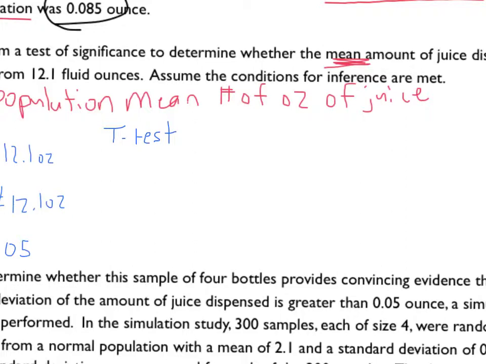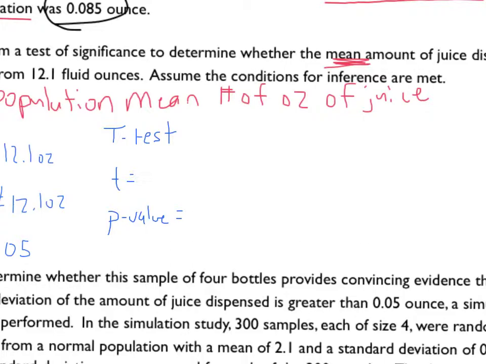And we need to calculate our critical value of t. Or, well, in this case, since we can do that in our calculator, we're going to say what our t-statistic is and what our p-value is from our calculator. The thing that we do in our calculator is we push the stat key, we go over to tests, and we choose t-test.